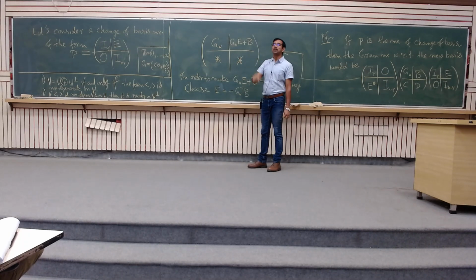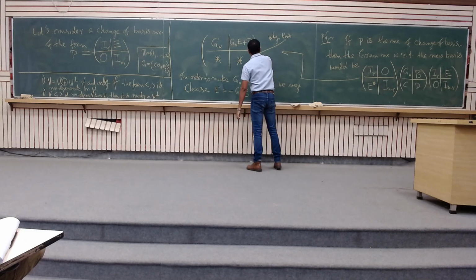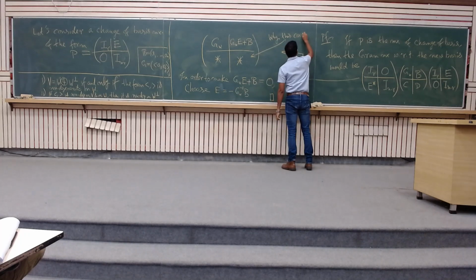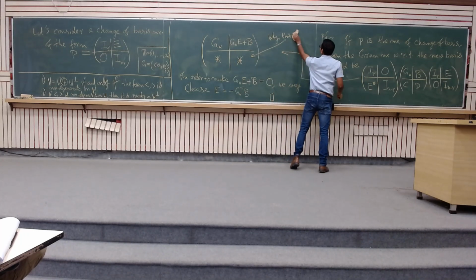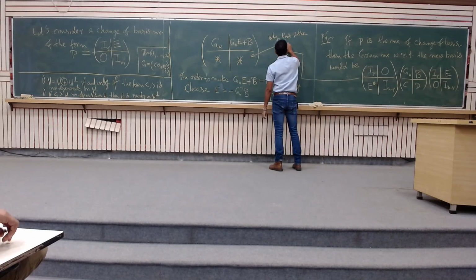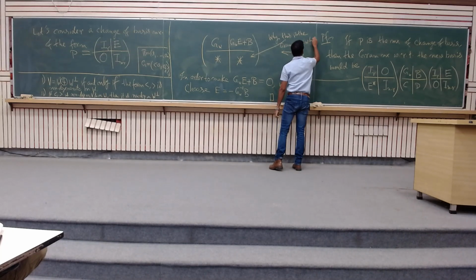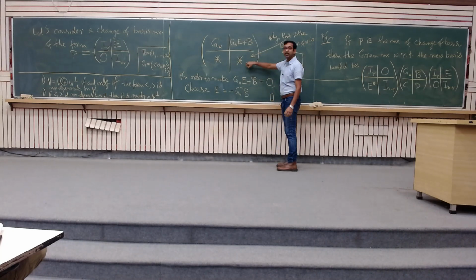Sandeep, could you please just wake up? So why is this corresponding to the Gram matrix of W perp? That is a question. If this is 0, why is this the Gram matrix of W perp?